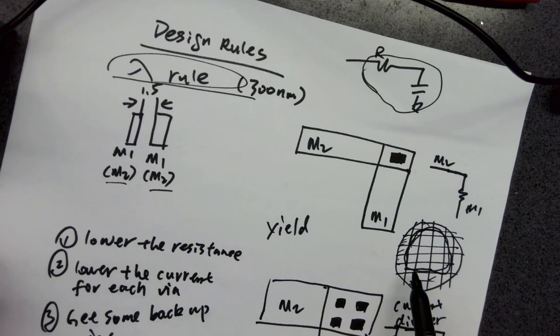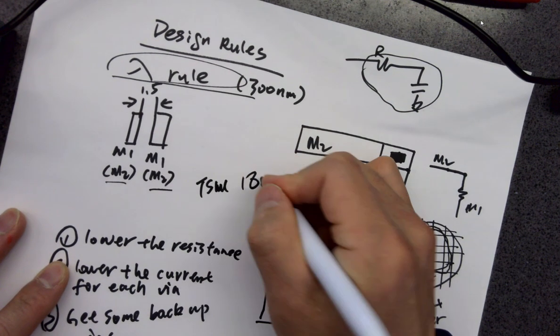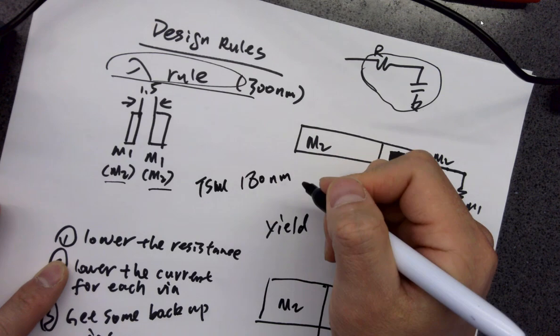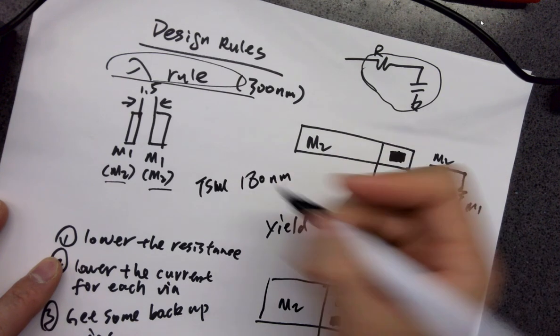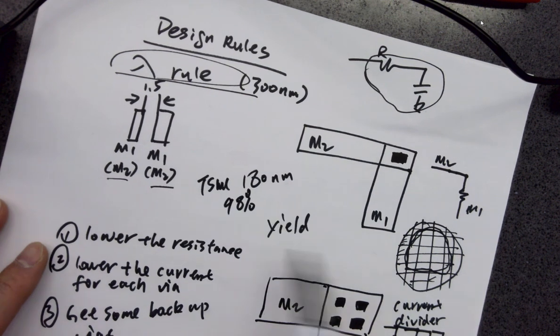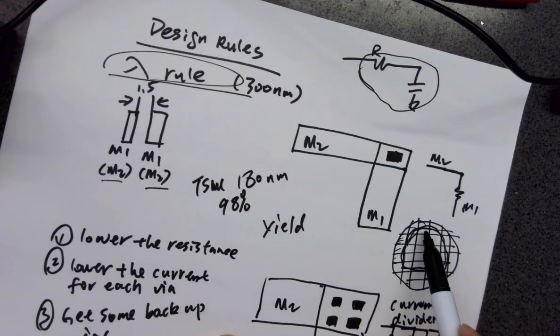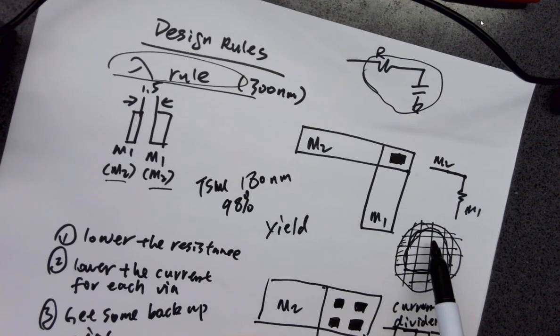But fortunately for 180 nanometer technology, TSMC, what I heard, their yield can reach up to like 98%. Which means we got a big wafer, and 98% of the dies are functioning.